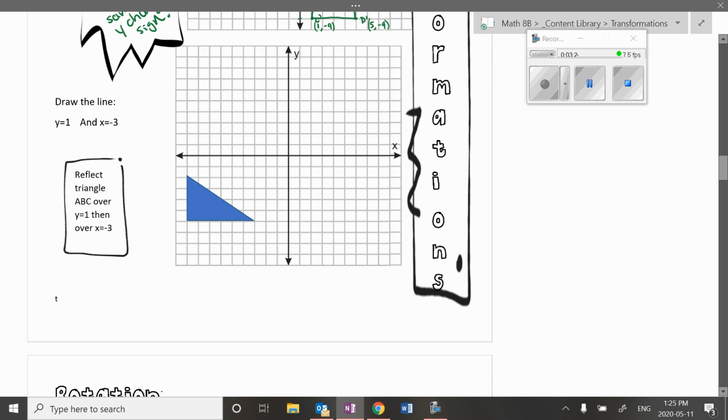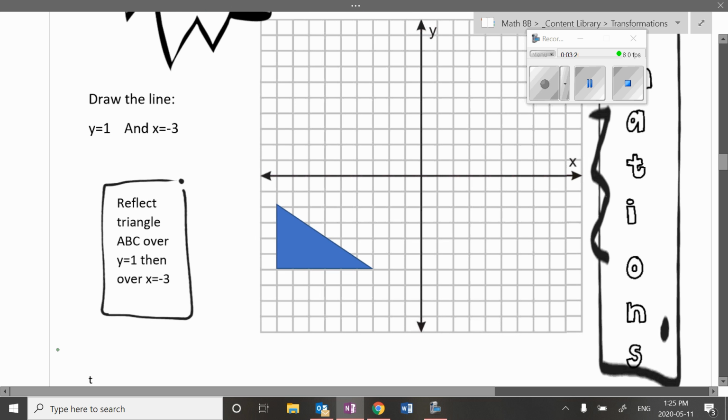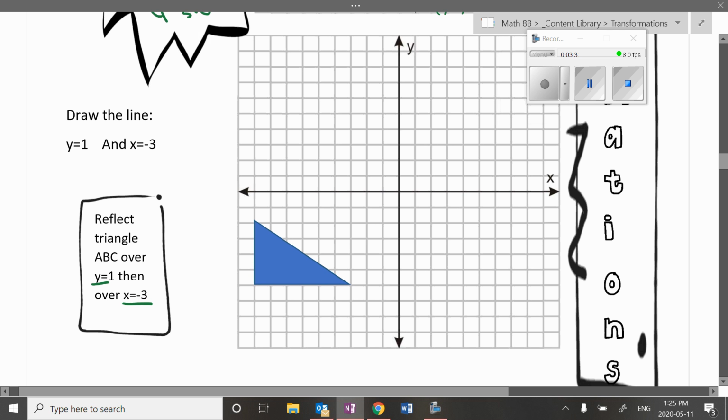So let's look at this next example. We're going to reflect over y equals 1 and x equals -3. So let's first determine what those lines look like. So y equals 1. If I look at my Cartesian plane, y equals 1 at this point, but it also equals 1 here, and here, and here, and here. So if I draw out all the places on this grid where y is equal to 1, we're going to get a straight horizontal line. Our x values change, yes, but our y value is constant.